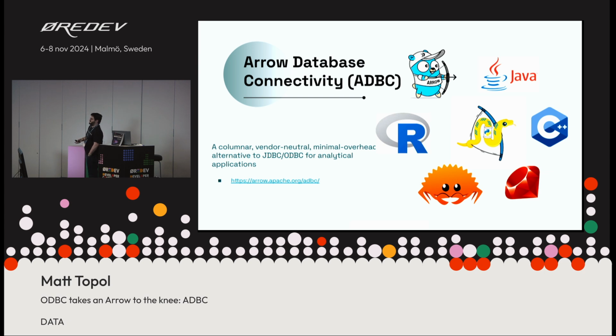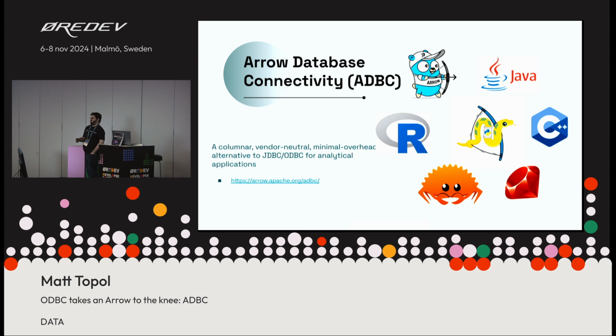The big difference is that ADBC is Arrow native. The data that comes through to the application and goes in all uses the Apache Arrow format, which means it's column-oriented the whole way through, so you get to avoid that conversion cost.